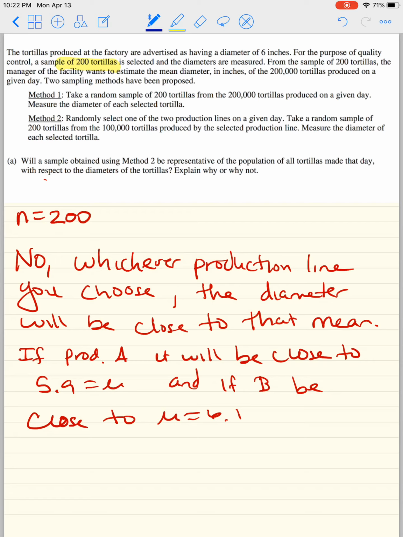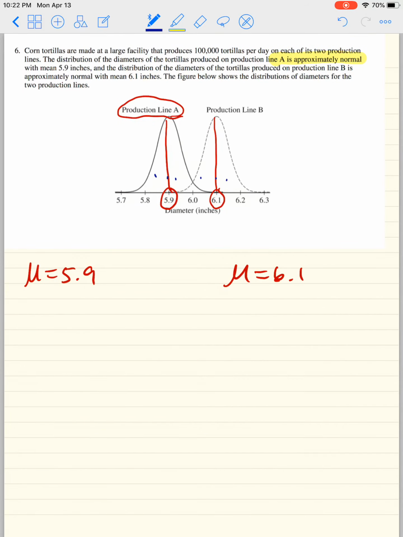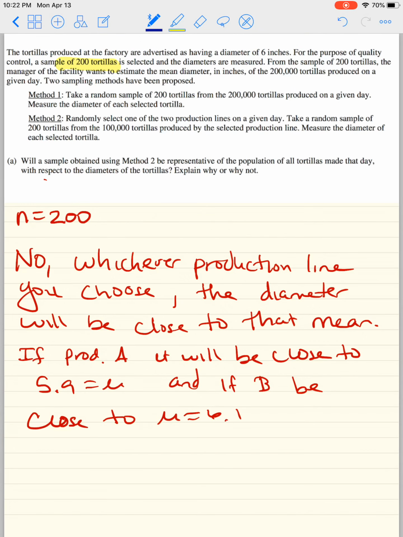Method 1 takes a random sample of 200 tortillas from 200,000 tortillas produced on a given day. So you get some from there and you get some from there, right? We discussed that you'll get some from here and some from here. Method 2 says you're only going to select one of two production lines.